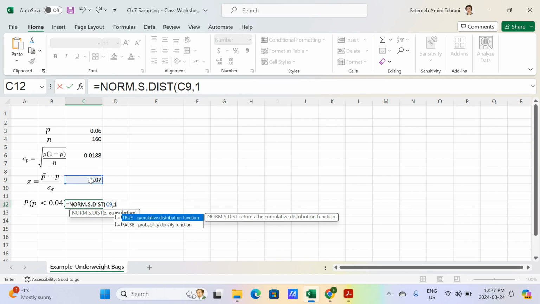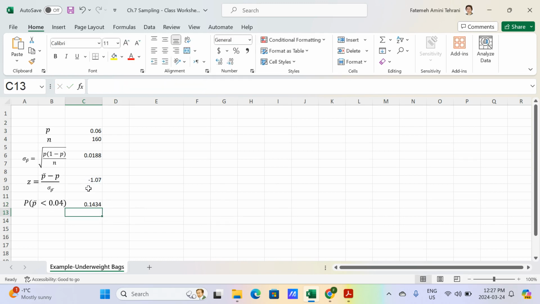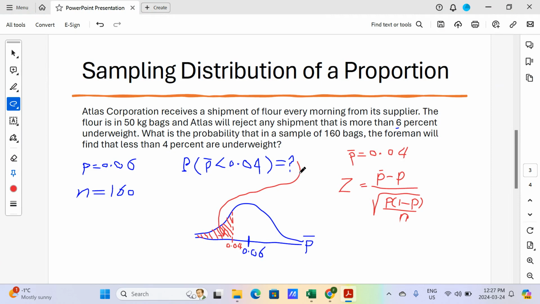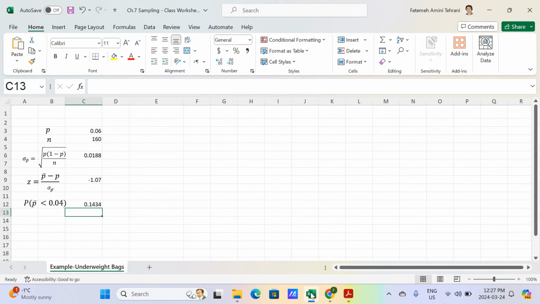Here I'm looking for the area on the left side, and this function always returns the area on the left. So the probability I'm looking for is 0.1434. Now we have the answer, 0.1434.